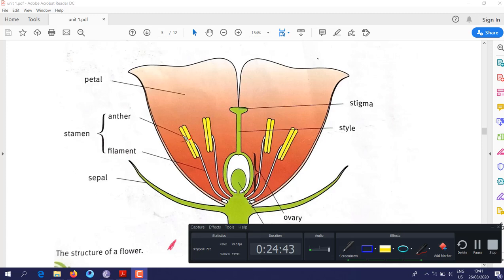Here we have pollen inside the anther. So the transfer of pollen from the anther to the stigma, this process, we call pollination.